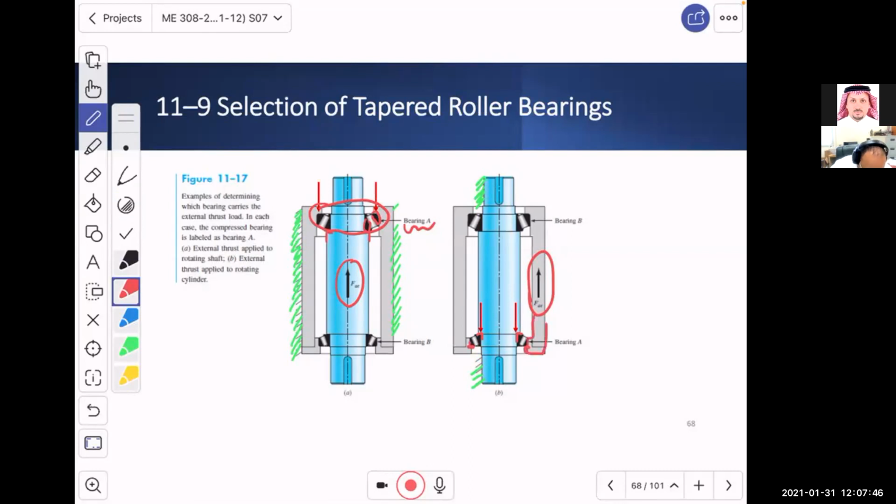So the shaft is pushing with these arrows and the casing is pushing with these arrows. So we end up with two forces acting on the bearing, and it is being squeezed. And in this case, bearing A is the one which is taking the thrust load. Do you see that?